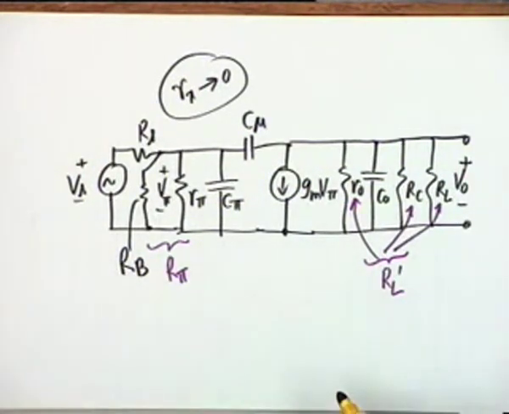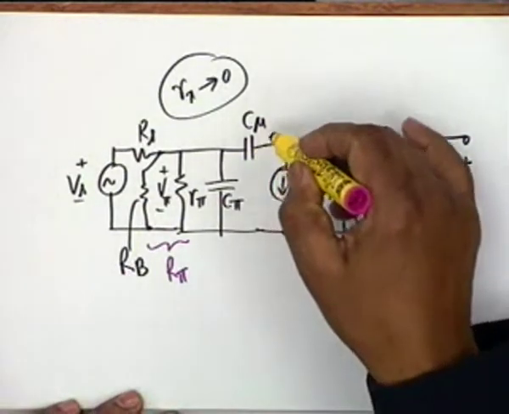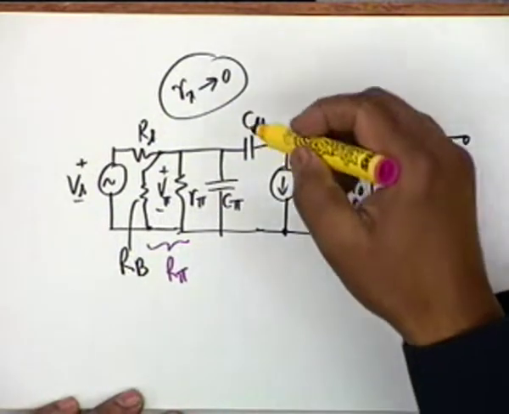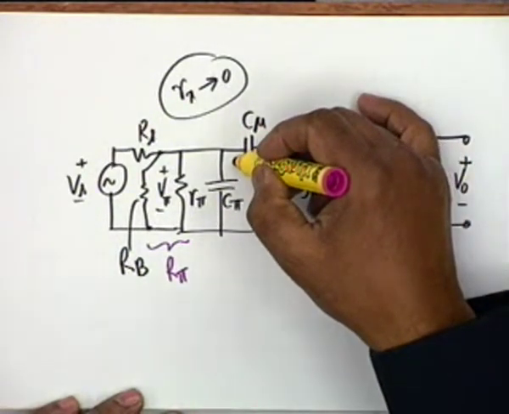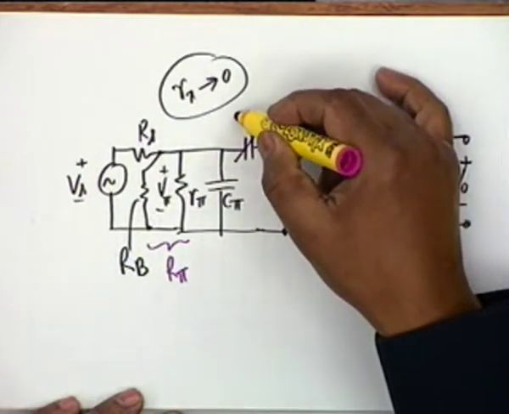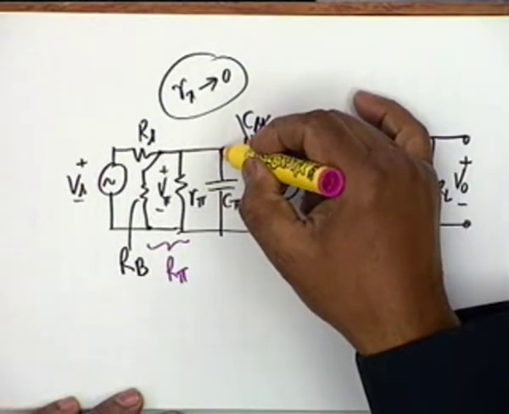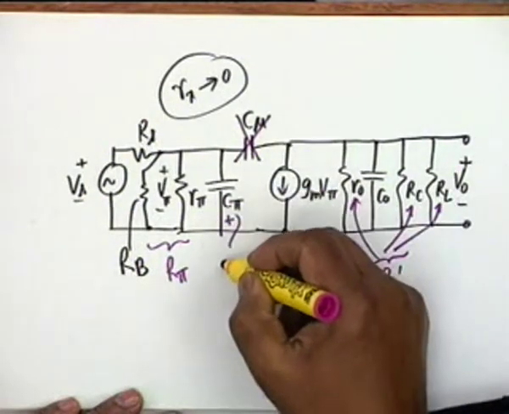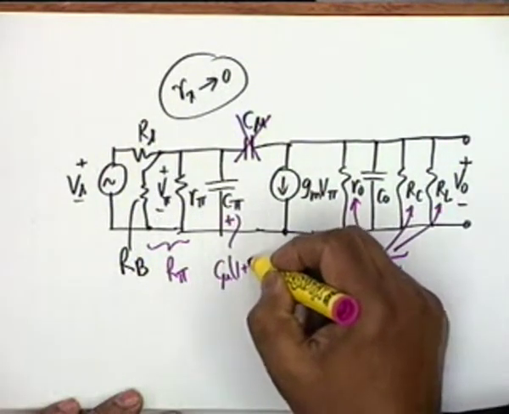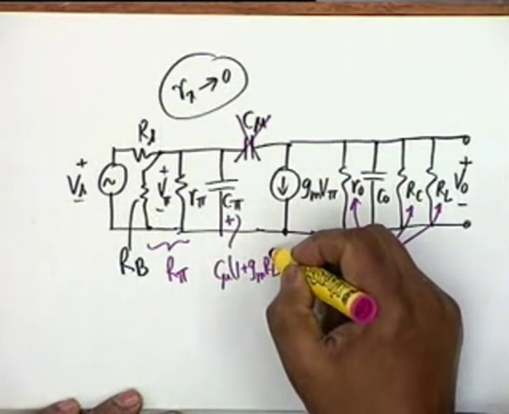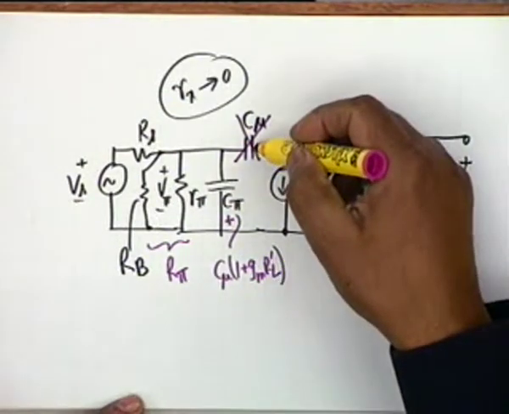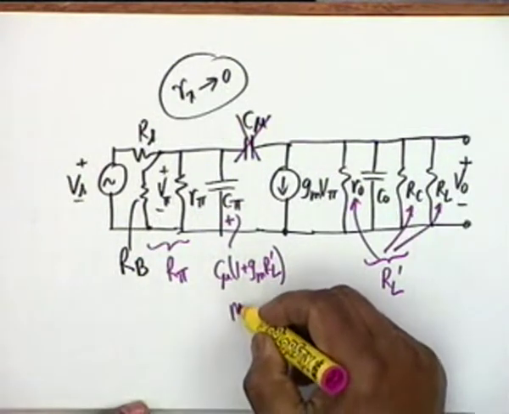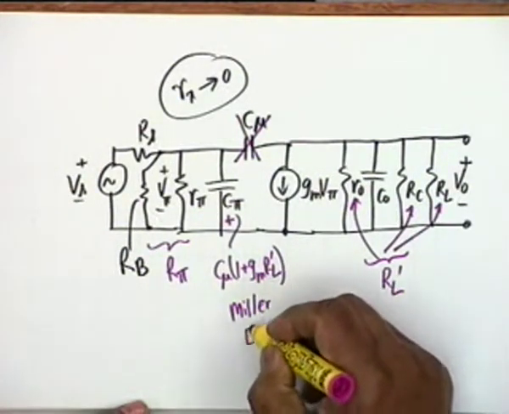In addition, we had shown that this cross connection or the bridge capacitance C mu could be taken care of approximately by including a capacitance here at the input, C pi plus C mu (1 plus gm RL prime). C mu approximately reflects to the input side as this capacitance, and this is due to the so called Miller effect.